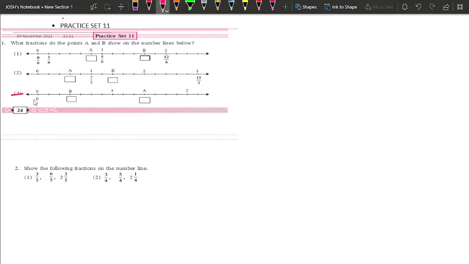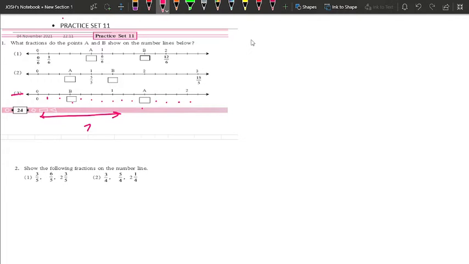Yes, so we see 1, 2, 3, 4, 5, 6, 7. See, 7 divisions up till 1. So total there are 7 divisions, right? 8, 9, 10, 11, 12, 13, 14.